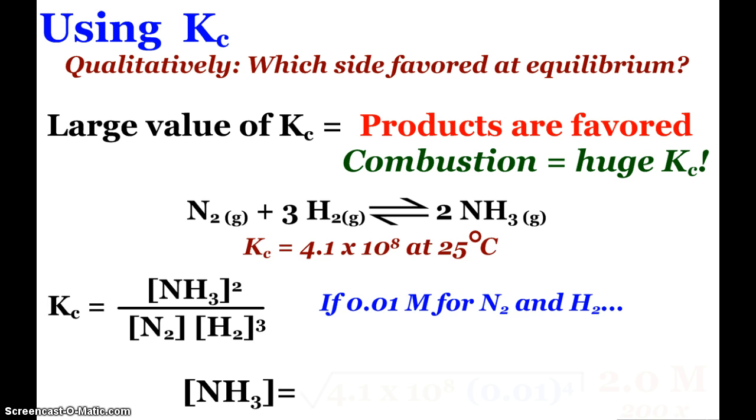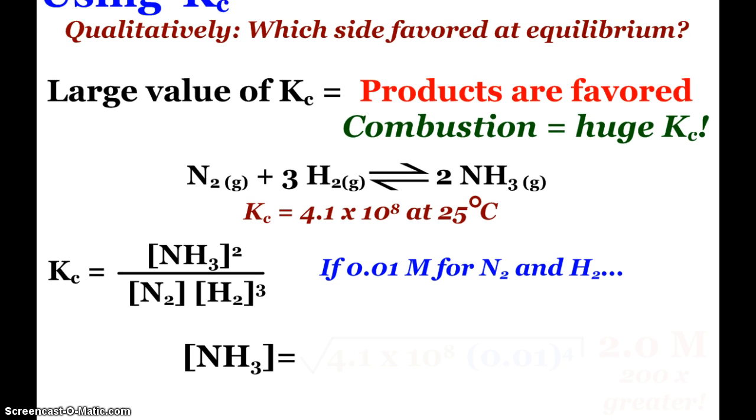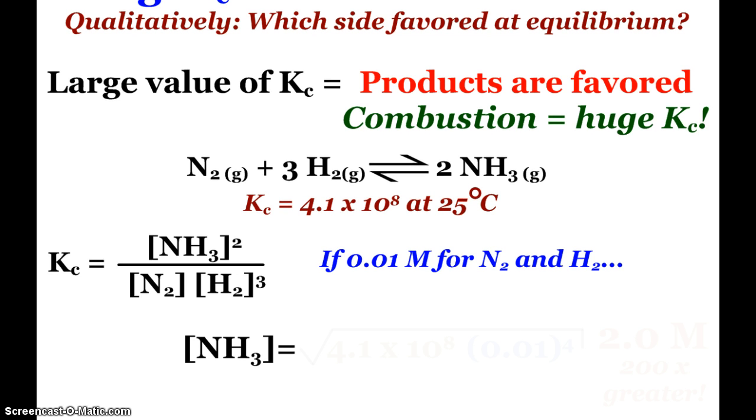So let's look at our ammonia reaction. So nitrogen and hydrogen making ammonia. The Kc at 25 degrees Celsius is 4.1 times 10 to the 8th. There's my Kc expression, concentration of ammonia squared, and then reactants on the bottom, nitrogen times the hydrogen concentration cubed.